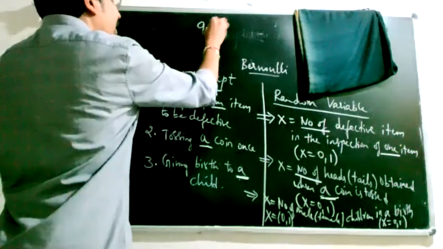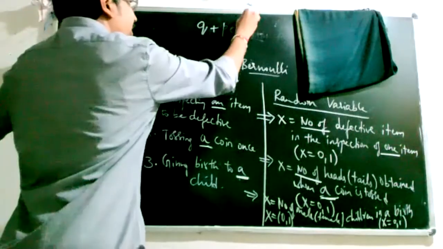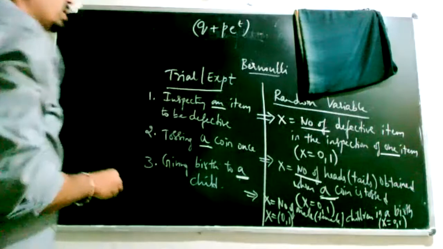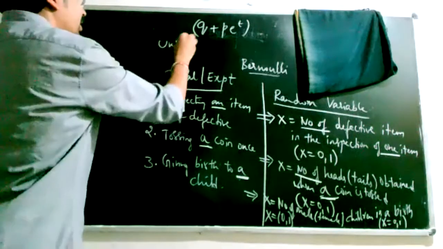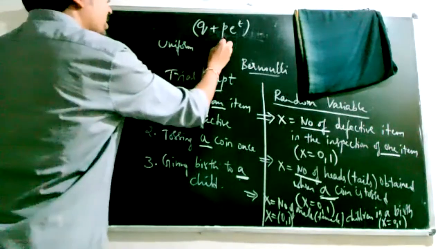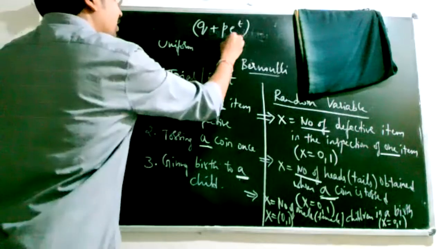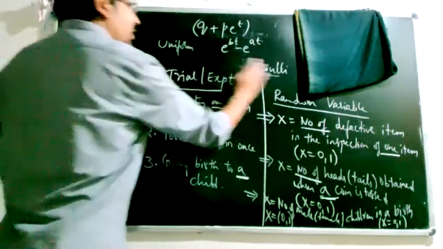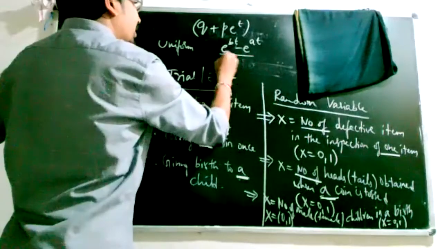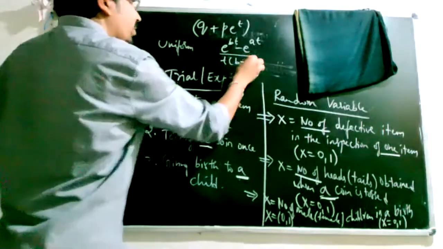For Bernoulli it is q plus p e power t, and in the other class you observed it for the uniform distribution, right? You had the continuous uniform distribution, and you had the MGF there as e power bt minus e power at divided by t into b minus a.